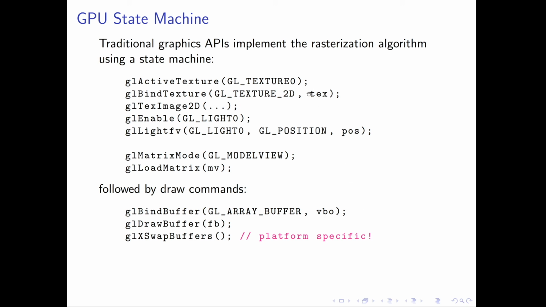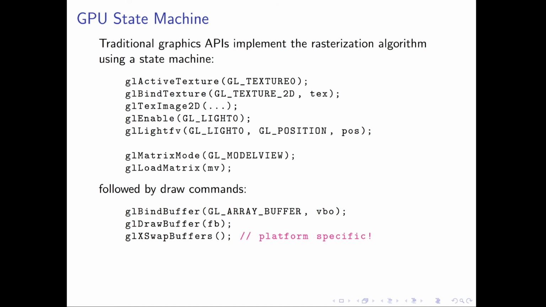The application developer specifies API calls, and those API calls set up a state, and the state changes are immediate, and the state applies to the next draw calls. And as a matter of fact, the state changing API calls will later also manifest as GPU commands.